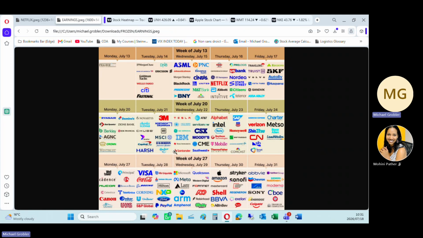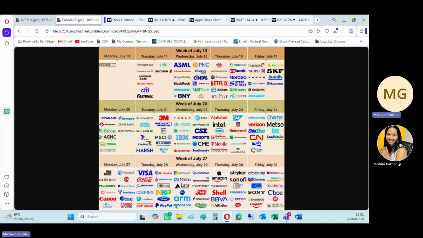Then this is what's going to apply next week. We've got things like 3M, which is also on the Dow. We've got large companies. There's IBM. There's Honeywell, also on the Dow. And we've got some seriously big companies coming out there. Then the following week, we've got Visa. These are also Dow companies, absolutely massive.